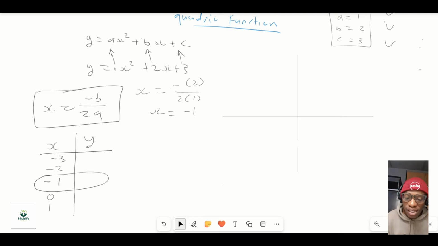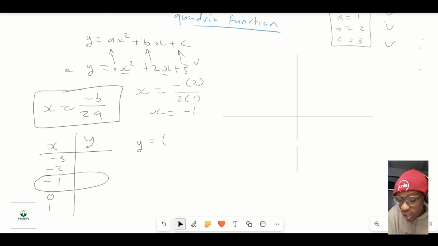Our next step is finding the y coordinates. How do you calculate your y coordinates? It's very easy. This original equation is in terms of x, so you can just substitute these estimated x coordinates.